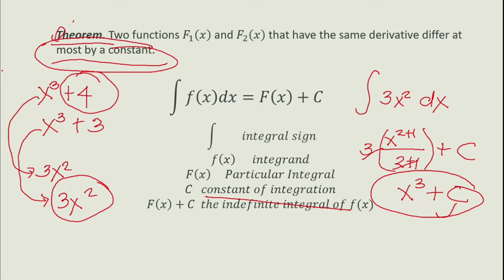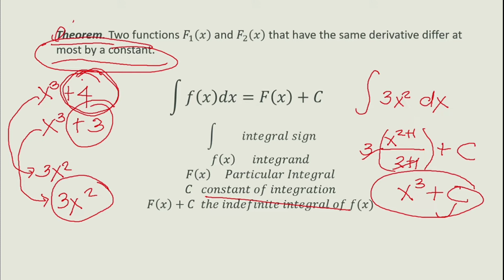So we have your 3x squared. The constant part becomes c. All of the constants become c. So here, c and c. That's why the functions have the same derivative. Their difference is a constant.